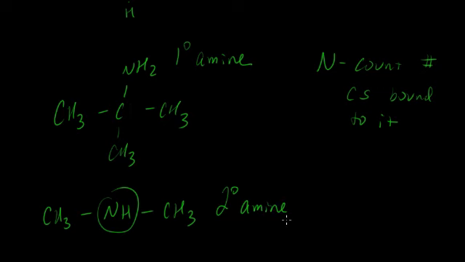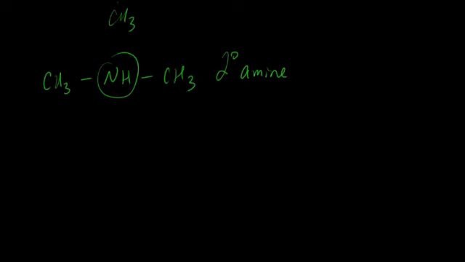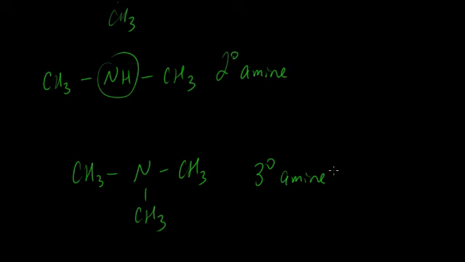You could also have a tertiary amine if we have it bound to 3 carbons, and we're not going to be able to do anything more than that because nitrogen only has 3 bonds and a lone pair of electrons. And this would be a tertiary amine.